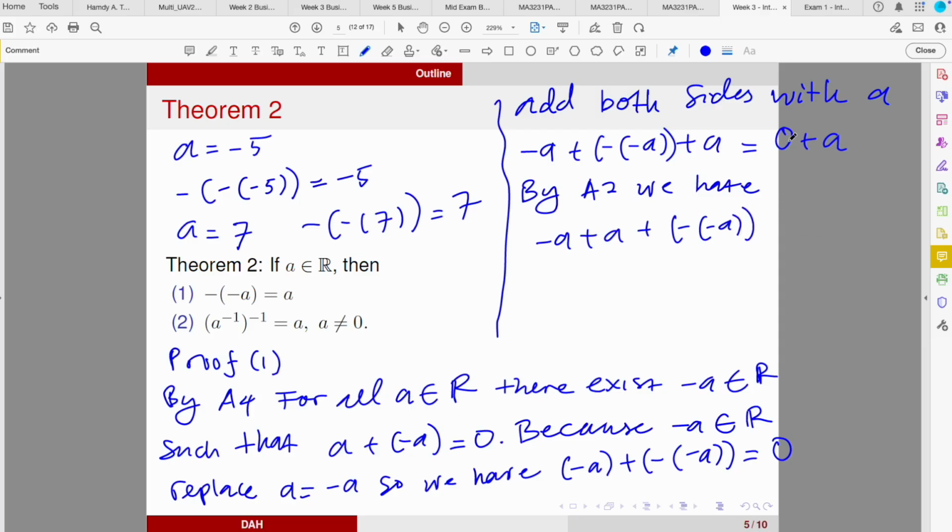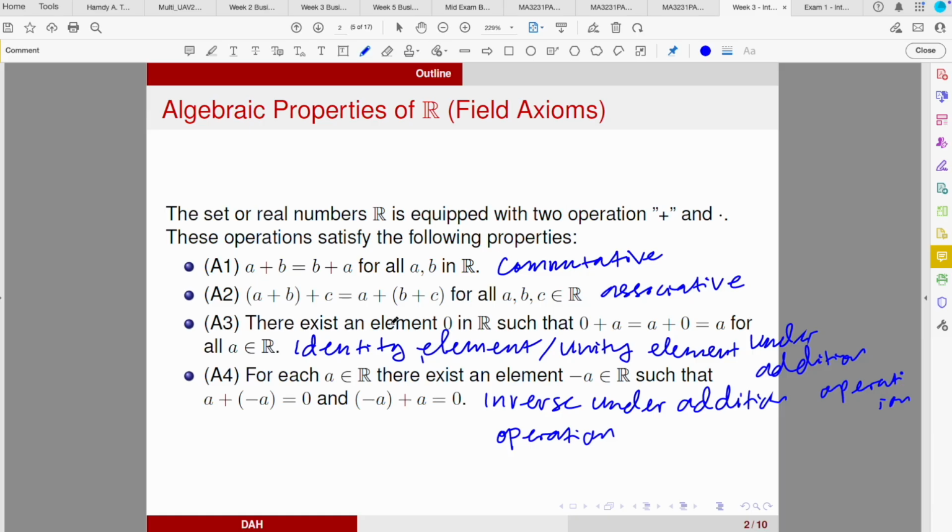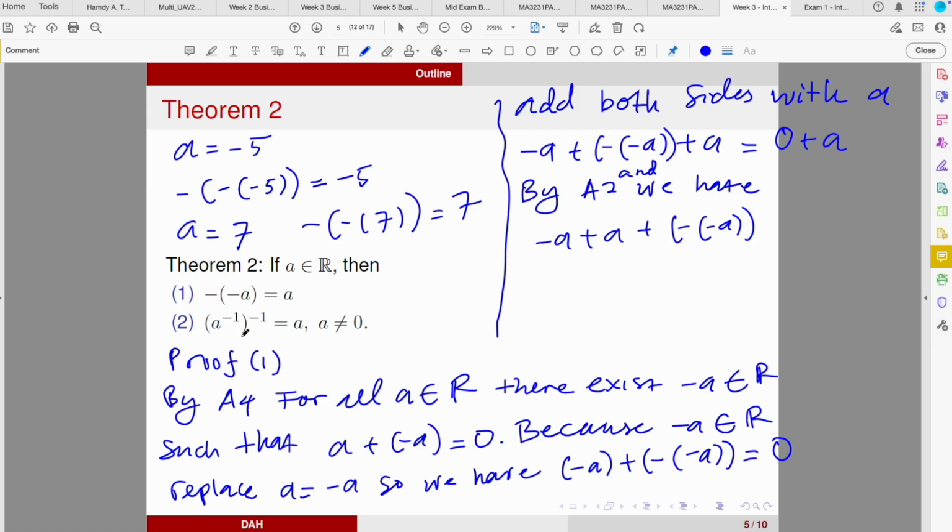And then 0 plus A is A. By what? A plus 0 is A, by A3. And by A2 and A3, we have this one and this one. Okay?